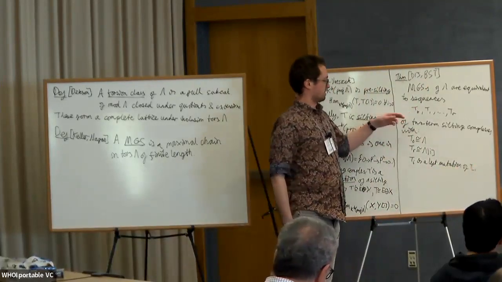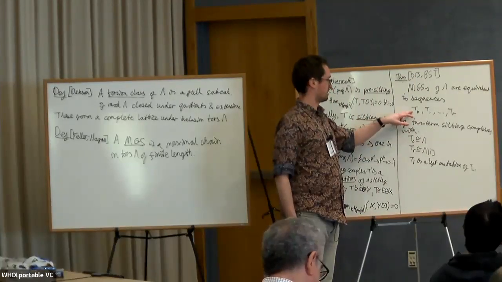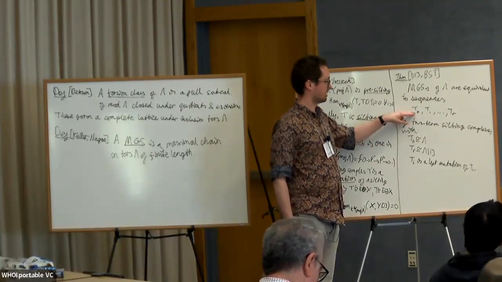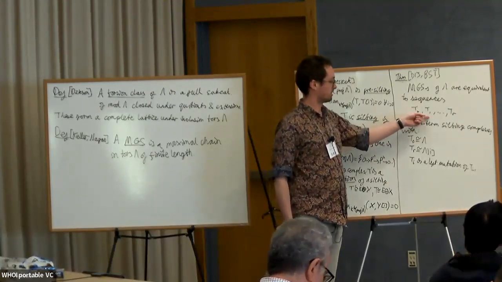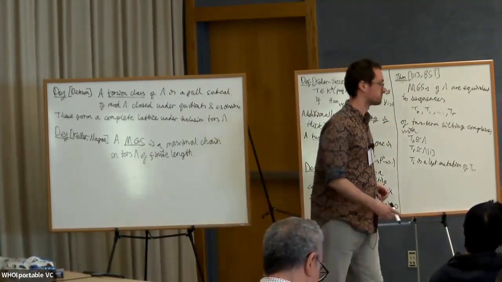In terms of how this relates to our previous notion, it's known from work that you can obtain torsion classes from these two-term silting complexes. If you take the torsion classes corresponding to these, you precisely get a finite maximal chain.